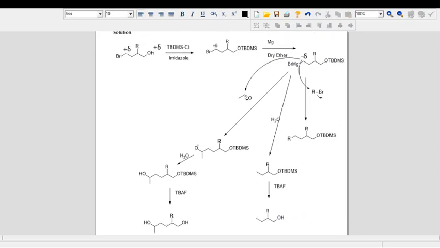The various other modifications which we want to carry out from these Grignard reagents could be done by following the corresponding rules as well. Here it also requires deprotection, and that is done under the same conditions.